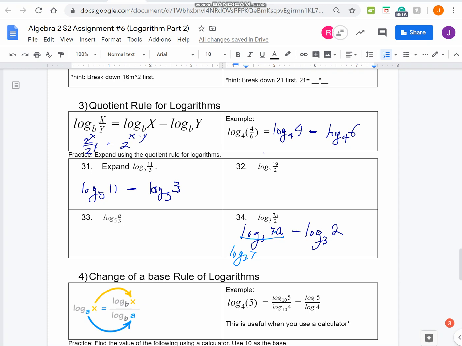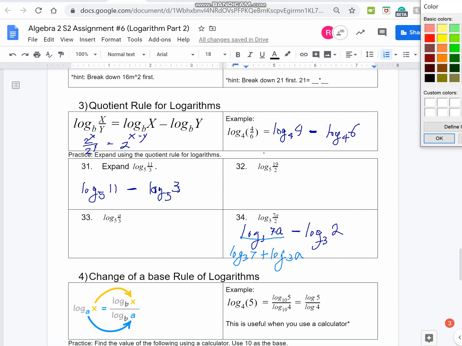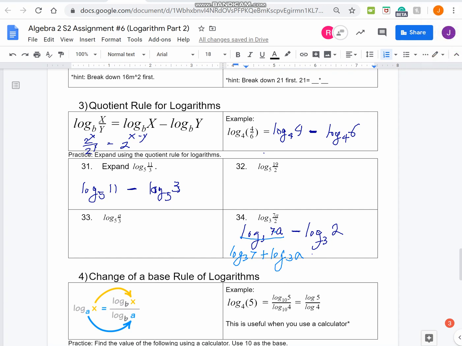It's multiplication, so it's going to be plus, very good, log base 3 of a. And then the rest has to be the same, so I'm just going to write down the same thing, which was minus log base 3 of 2. Yeah, the handwriting is crappy, but thanks for bearing with me. And yeah, that should be my final answer.